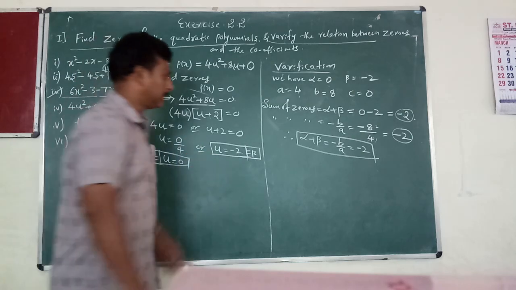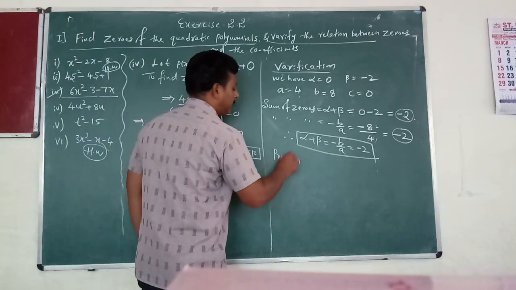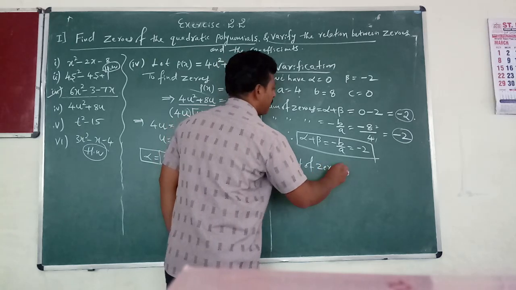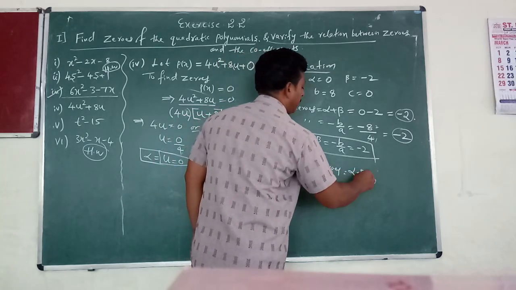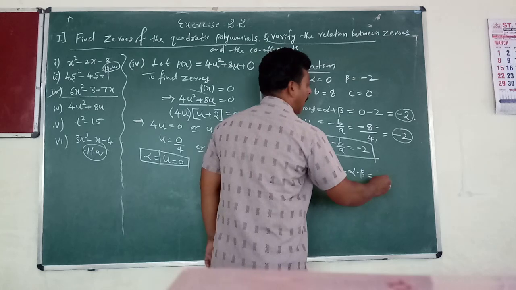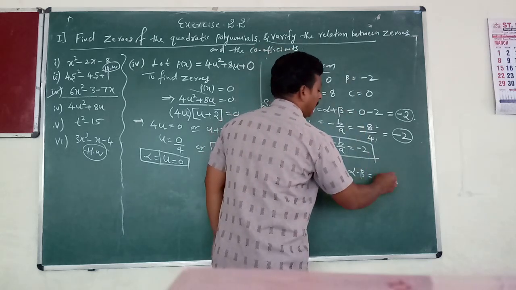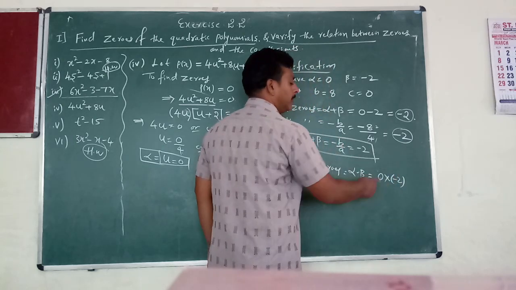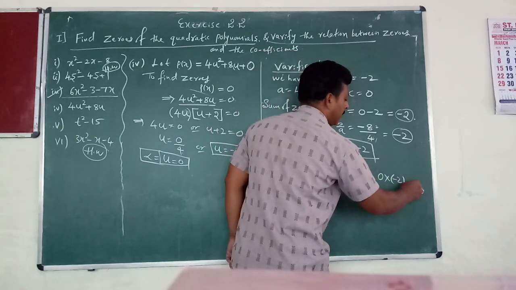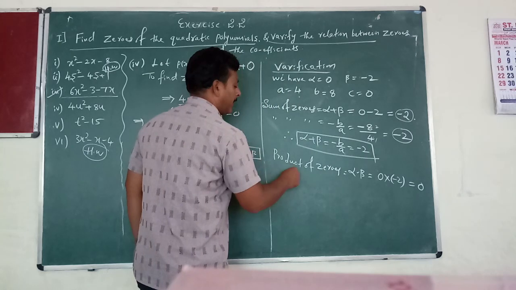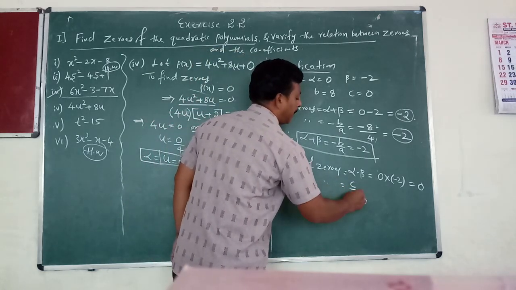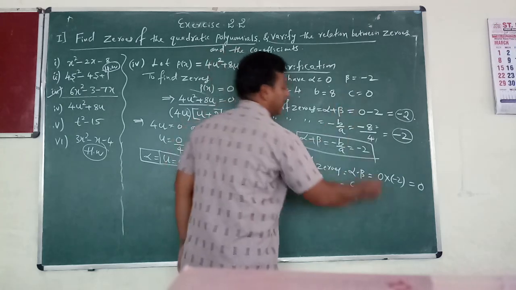Next, product. So product of zeros is equal to alpha into beta, is equal to alpha value is 0 into beta value is minus 2. All of you know 0 into anything is 0 only. Now product of zeros in terms of coefficient is c divided by a. What is c here? 0.